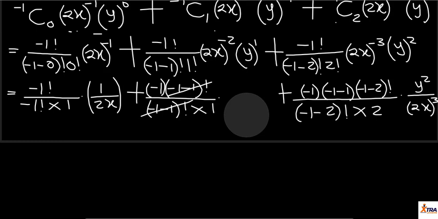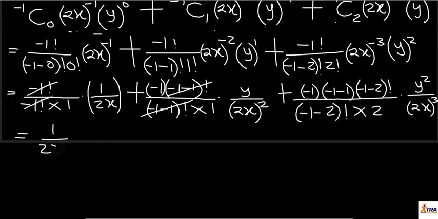I can also say this is y over 2x raised to the power 2 from our knowledge of indices. From here, I know this cancels this, so I'll be left with 1 over 2x plus minus 1 times y. I will have minus y over 2 squared, 4, then x squared.